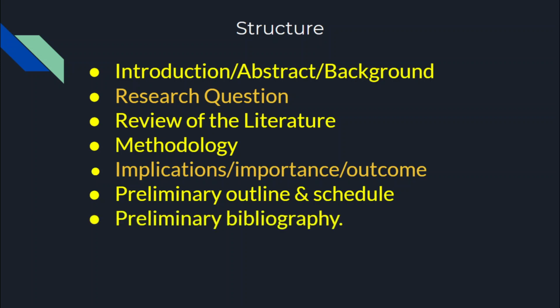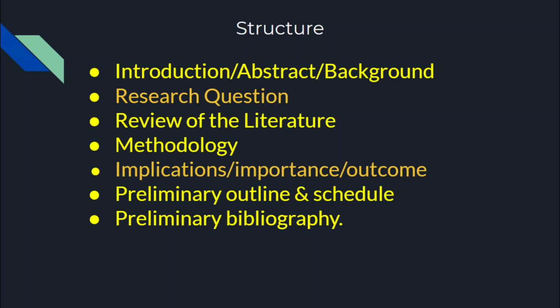Now, the last point is preliminary bibliography. What do you mean by preliminary bibliography? Isn't it the same as review of the literature? Not necessarily. Because the review of the literature is like the sources that are your starting point. Okay? So what is your starting point?